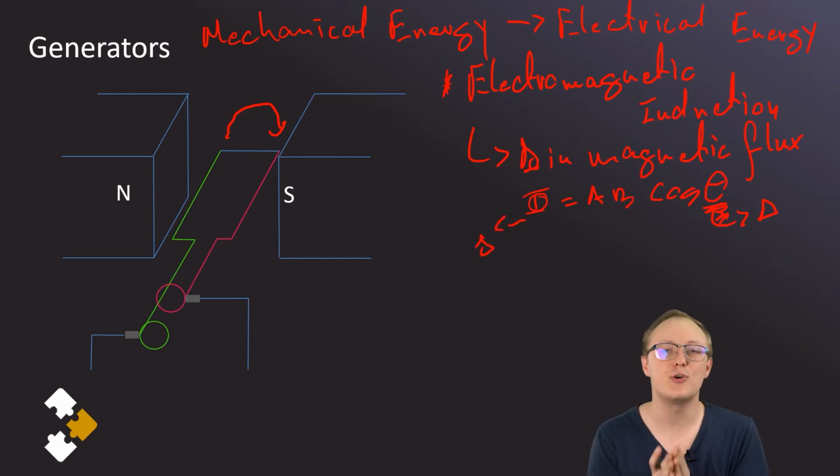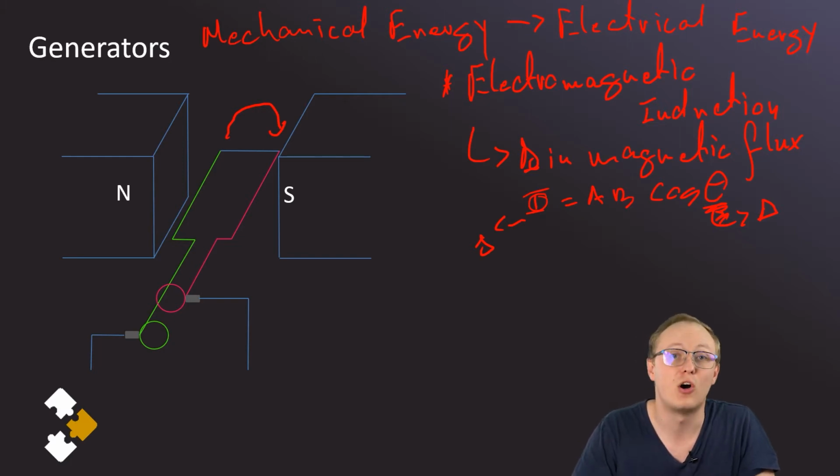And whenever you have a change in magnetic flux, that is what you need in order to have the induced EMF. So that change in magnetic flux by rotating the armature in the magnetic field is what causes the electromagnetic induction, in other words, the current to flow.